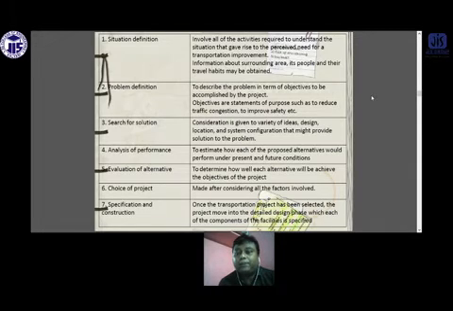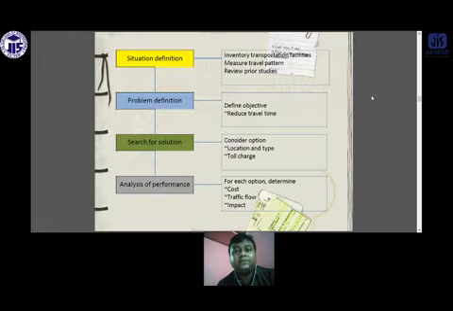Planning, transportation planning, is a thing which is implemented in our daily life. The concept of planning: the selection of the problem, finding the solution, selection of the basis for the solution, and finally the implementation. So this happens in every aspect or every stage of our life.